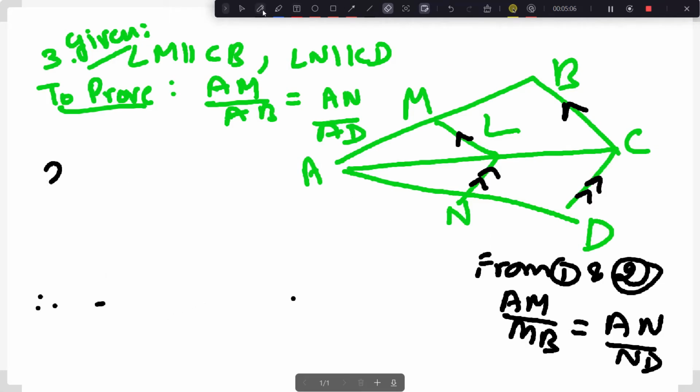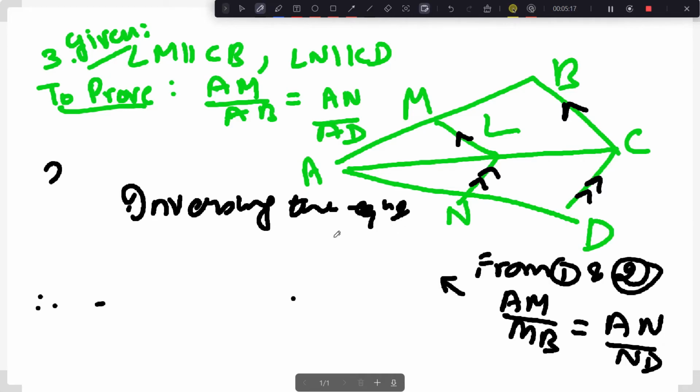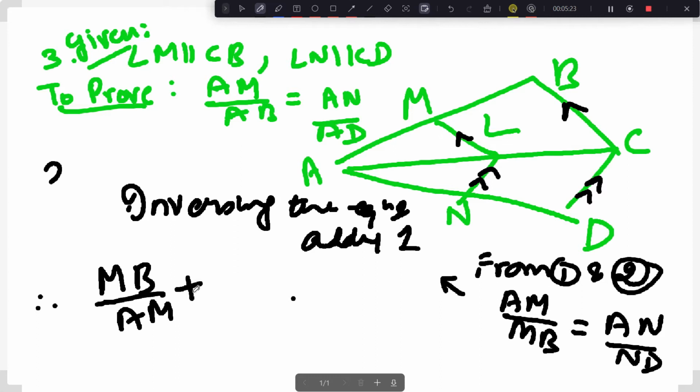What we can do is, from this, we can say, inverting the equation and adding 1, that is MB by AM plus 1 equal to ND by AN plus 1. And then MB plus AM is AB.